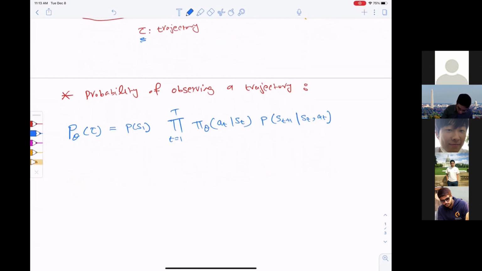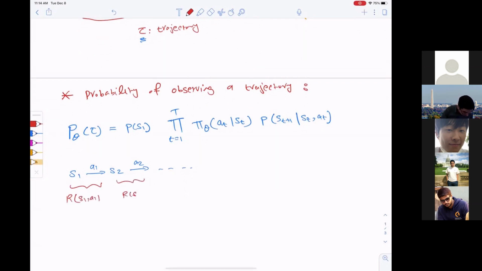What about the reward function? Let's say I have a particular trajectory, S1, I take an action A1, goes to S2, so on and so forth. And here we are going to consider reward as a function of state and action.